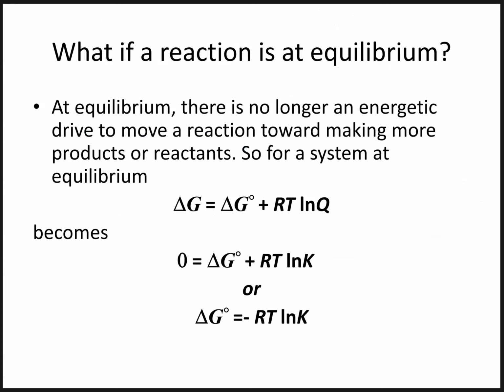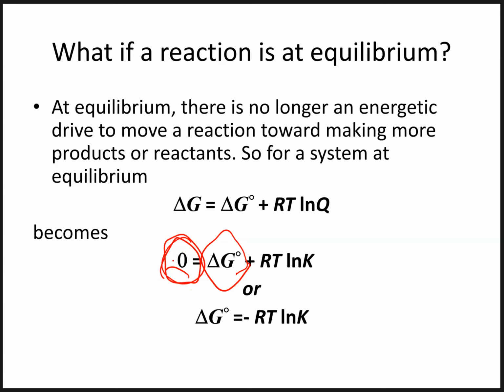When we're working with equilibrium, though, we often find that our equilibrium is not at standard state conditions. Therefore, we can say that when a reaction is out of energy, that is delta G is equal to 0, then we find that the standard Gibbs energy plus RT ln of K, that is our equilibrium constant, the sum of those two things must equal 0.